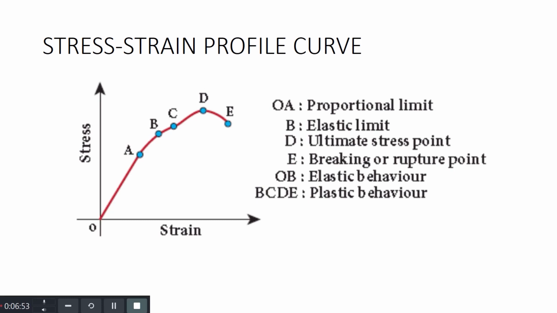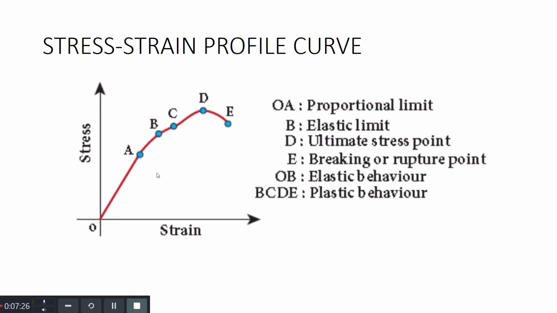And if you apply a little bit further stress, point E will be reached, where the object will break down, or we can say that the object will rupture. Keep in mind that from point B up to point E shows the plastic behavior of the object.